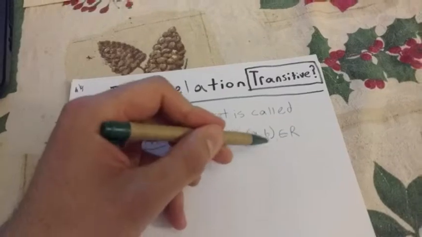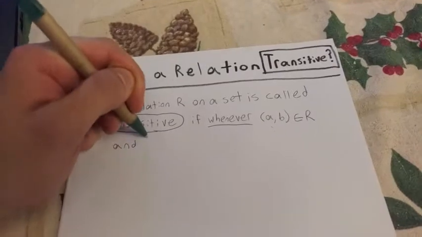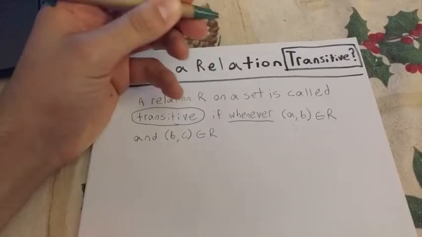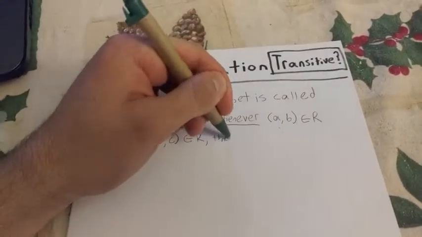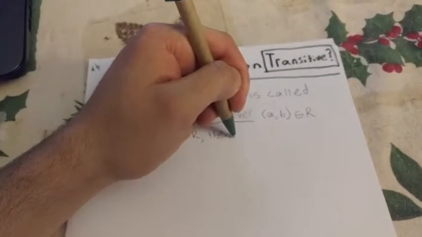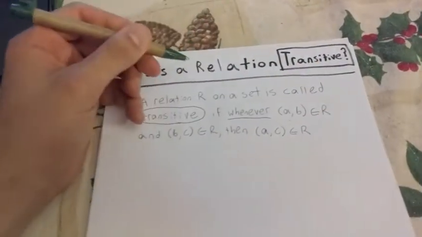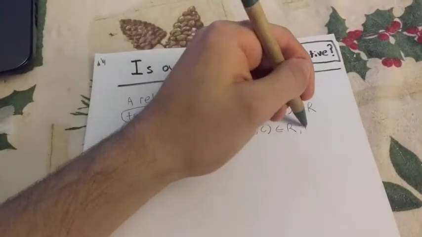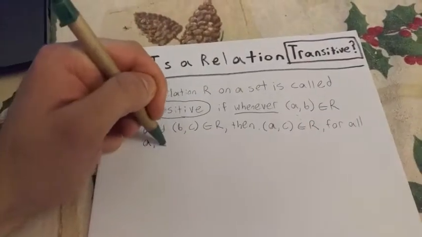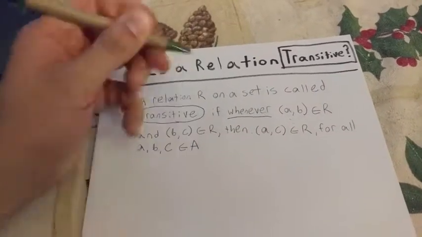So if this pair belongs to R, as well as the pair (B, C) belongs to R, then, if both those belong to R, then the pair (A, C) also belongs to R for all A, B, C belonging to A, and A is our set.